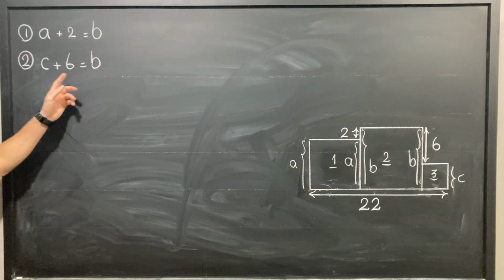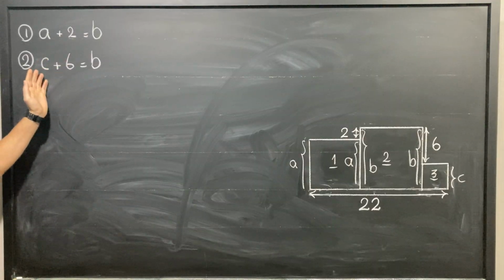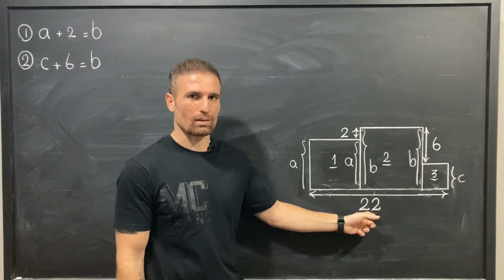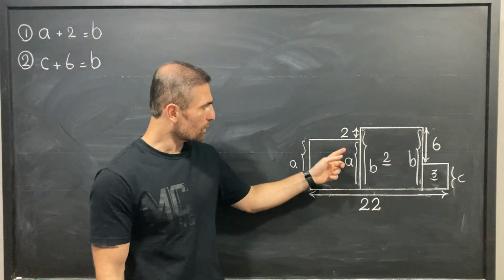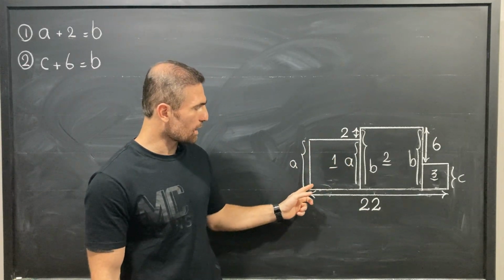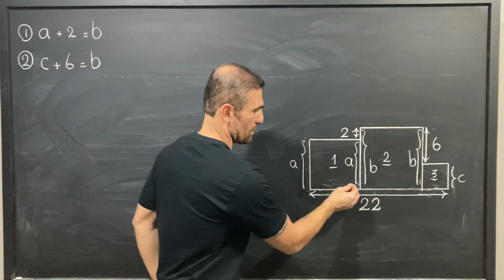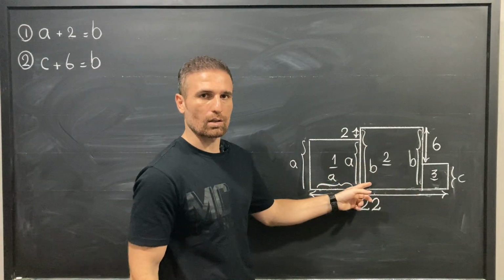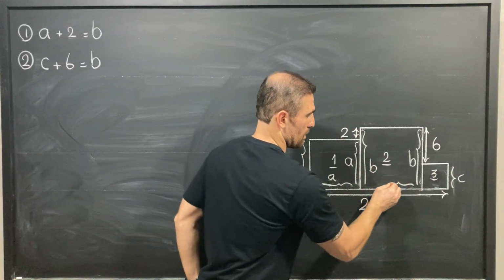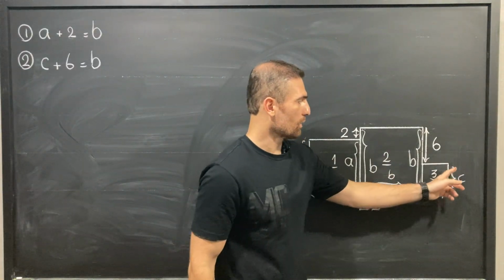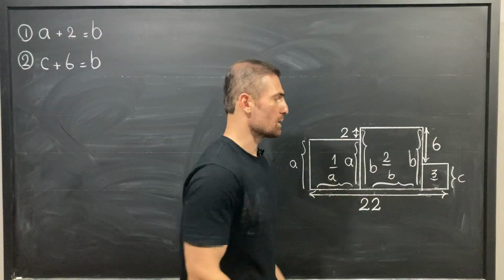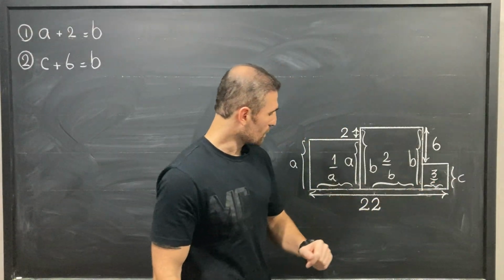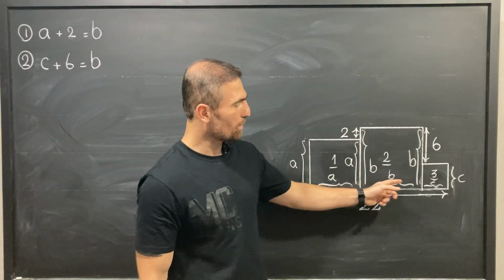But still, it is not enough to find the value of A, B, and C. But we have an important information here. This number, right? What is this number? If this side is A, so this side is A. If this side is B, so this side also is B. If this side is C, also this side is C. So now tell me, what is A plus B plus C?